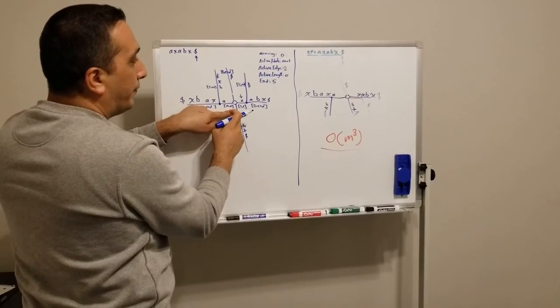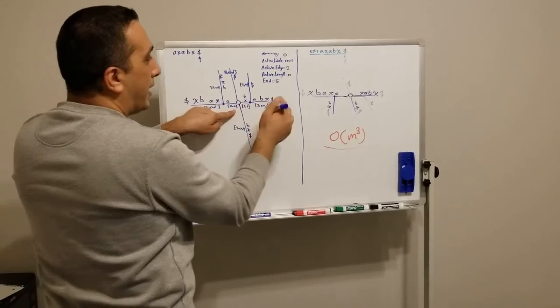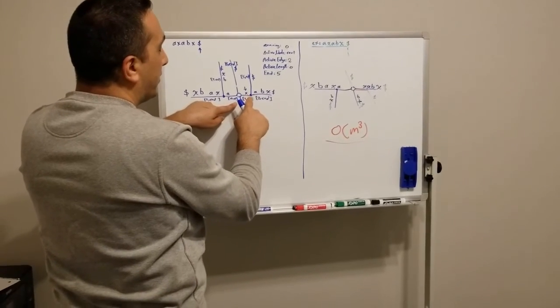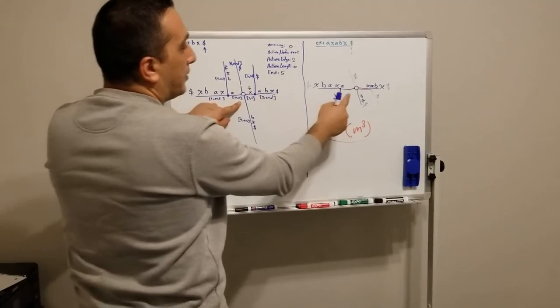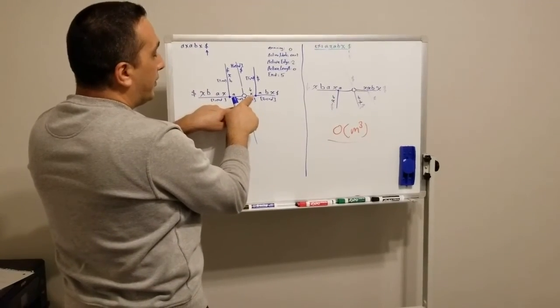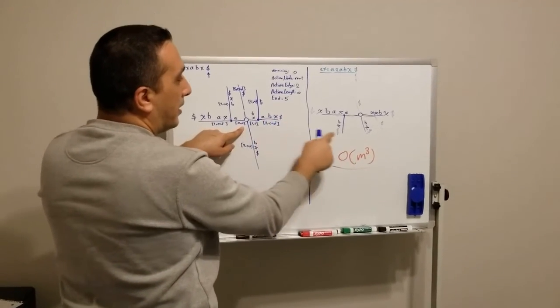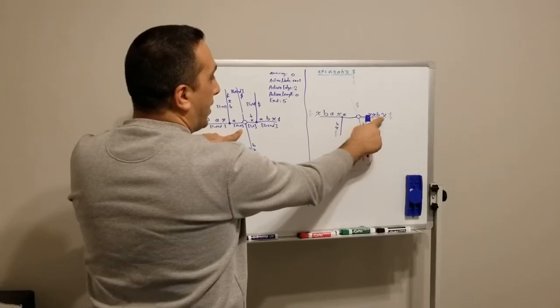And we have an edge or a path to X, and then from X it goes to the $ sign, so X $ sign. And if we continue from X to the other edge, then we have X ABX $ sign.